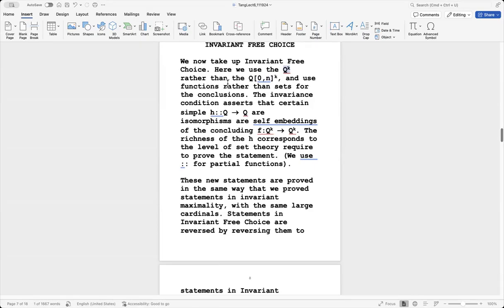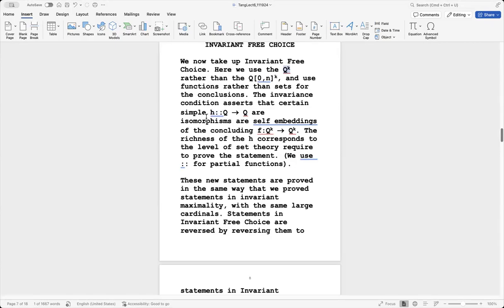All right, so we'll work in Q instead of Q0n, and we'll use functions rather than sets for the conclusion. The invariance condition takes on a somewhat different flavor.